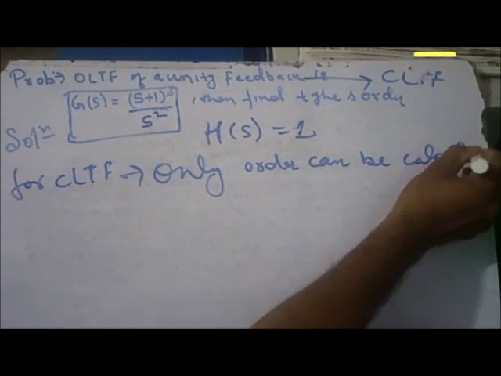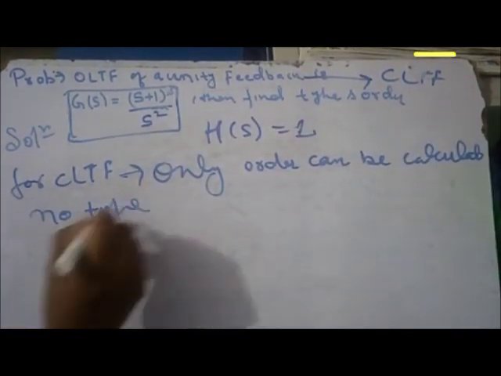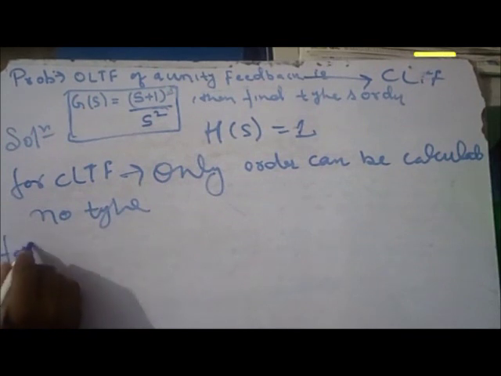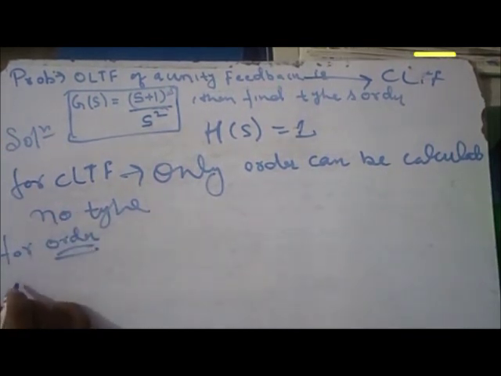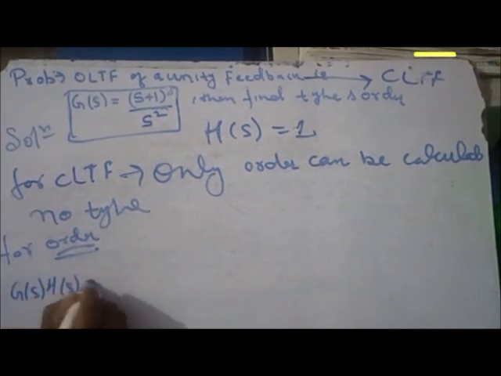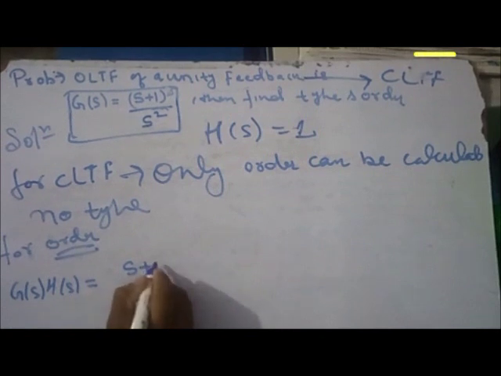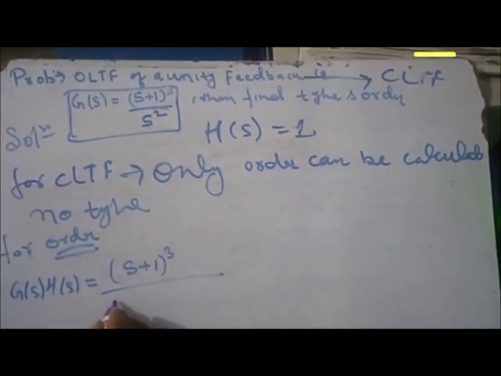So 1 + G(s)H(s) equals s^2 + (s+1)^3, which is s^2 + s^3 + 3s^2 + 3s + 1.